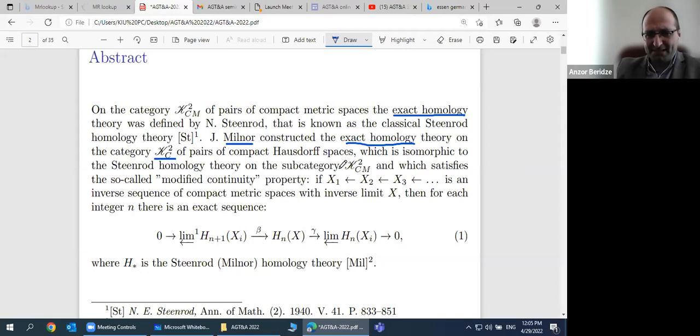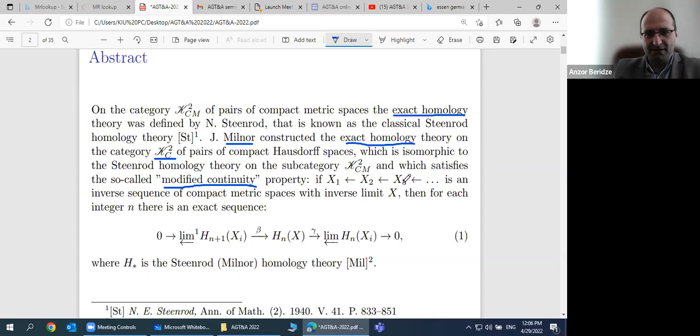There are several statements, but I will pay attention to the modified continuity property. This is equivalent to the additivity axiom of Milnor homology theory, but I will formulate this property because I need to pay attention to it. What does it mean?